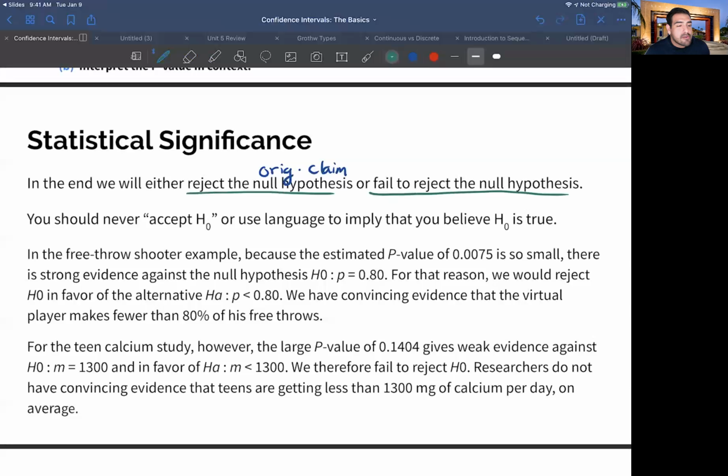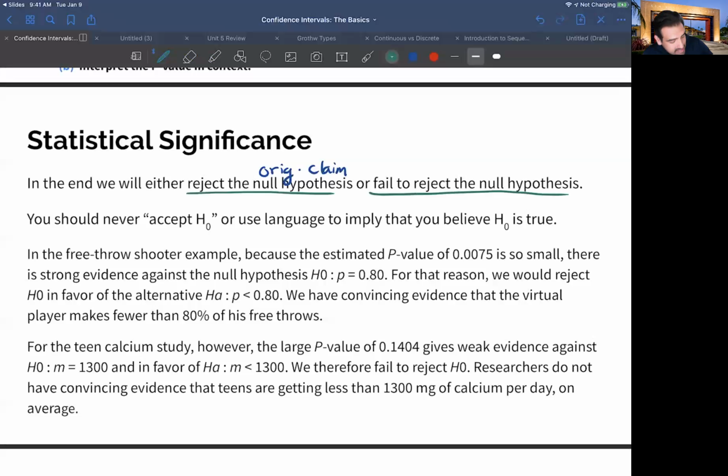So in the free throw shooter example, because the estimated p-value was less than 1%, because it was so small, there's strong evidence against the claim, right? What we collected, there's such a small probability of that actually happening. We're going to reject the claim, right? Because of that, we're going to reject the claim in favor of the alternative.